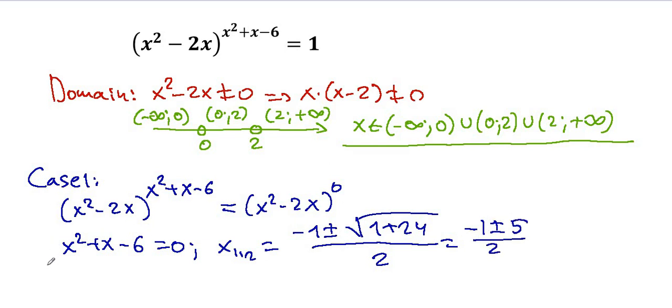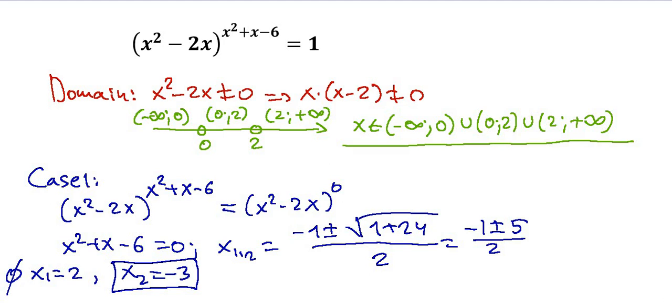So we have two solutions: x1 is equal to 2 and x2 is equal to minus 3, but we cannot take 2 as an answer because 2 is not in these intervals. Therefore the first solution of this equation is minus 3.